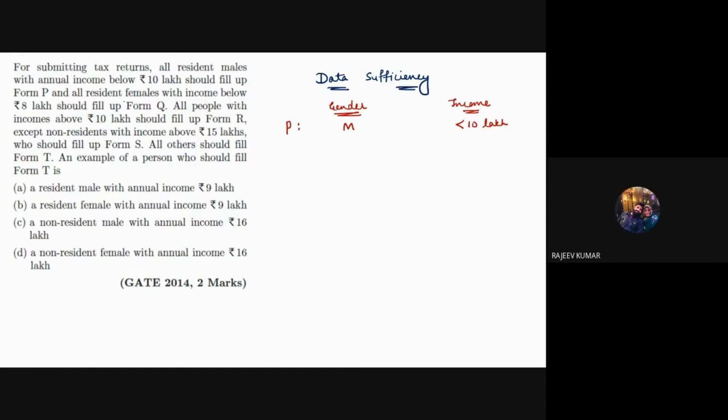then all the resident females, oh, here resident is also there. Similarly for Q, female, resident, income less than 8 lakhs, so 8 lakhs. All people with income above 10 lakhs should fill form R. So R is for whom?